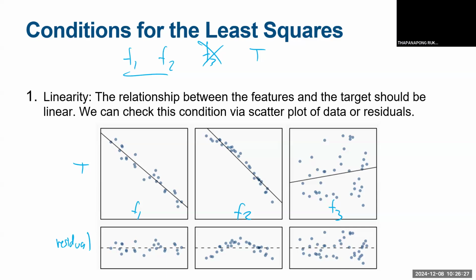And if the relationship is linear, all the residues should be very close to zero. So if there are points that are far away from zero, then it's an indication that the model is not going to work because it doesn't have a linear relation.